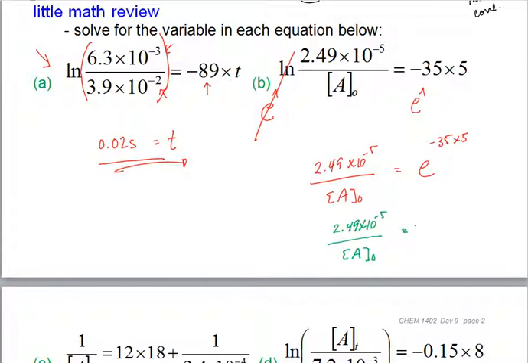Now I get this extremely small number. 9.96 times 10 to the negative 77. Okay? So that number has to go on the bottom. A0 goes up on top.